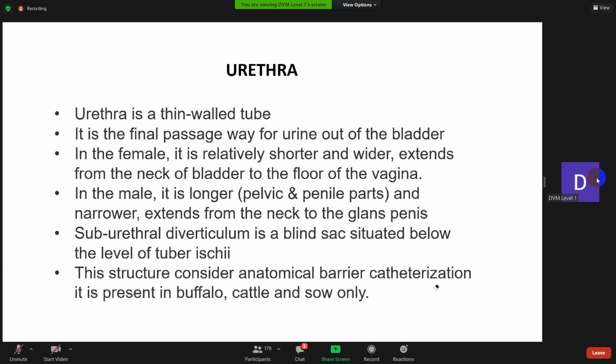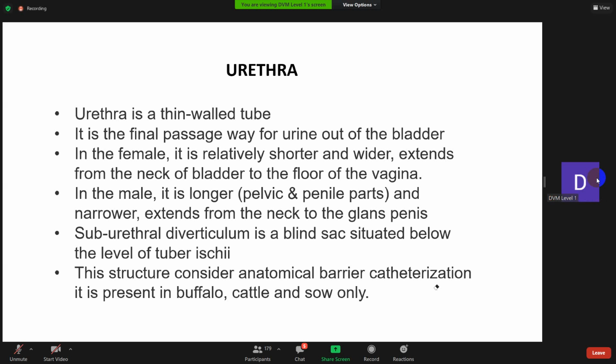And what about the urethra? What is the difference between the urethra of male and female? Please note down what I am telling you, because you will be asked this sort of question. Then you have to answer, and everything is in my presentation: how and where it starts and where it opens.